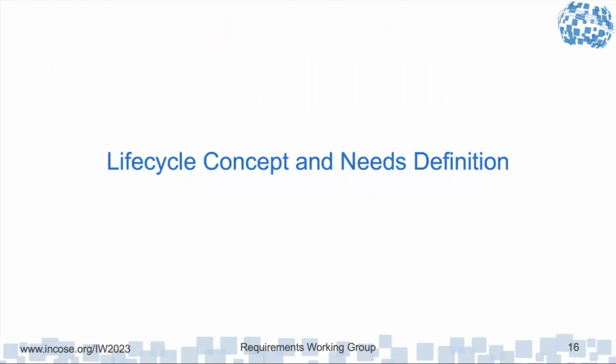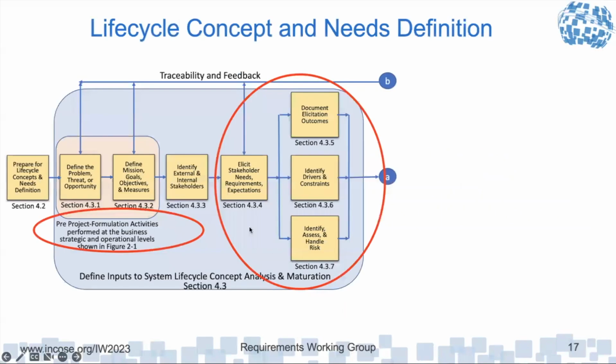Now that we've identified this, we need to come up with concepts organizationally for how we're going to deal with the standards and regulations. So again, from the Needs and Requirements Manual, the different activities that we're doing when it comes to lifecycle concept needs definition: the standard things are defining the problem or threat, and defining mission goals, objectives, and measures.